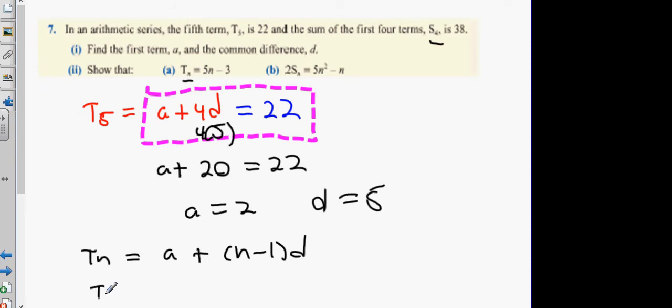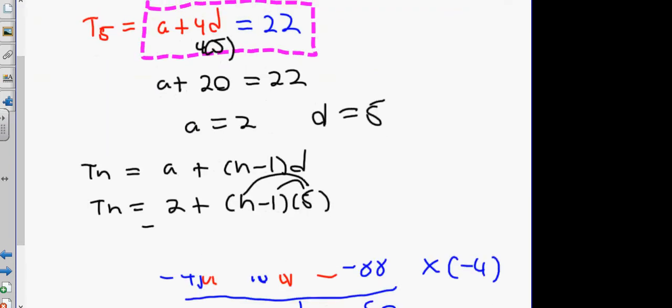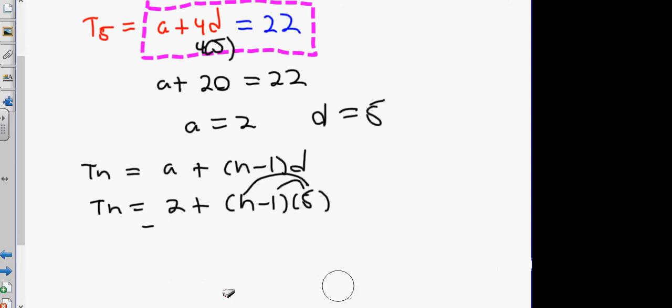So all I have to do is put in a equals 2 and n minus 1 multiplied by d, which is 5. Now multiply it out. And what we should get here is 2 plus 5n minus 5.